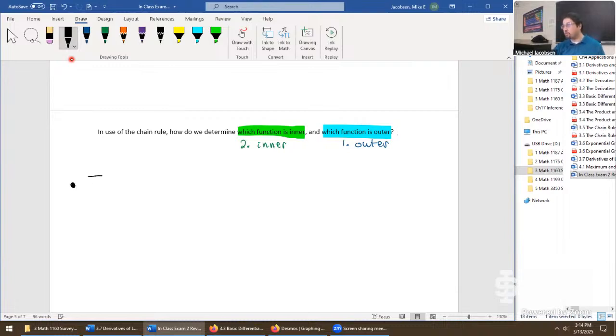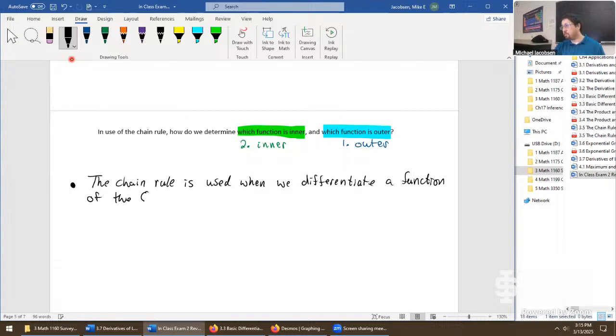So the chain rule is used when we differentiate a function of the form f of x equals f of g at x.